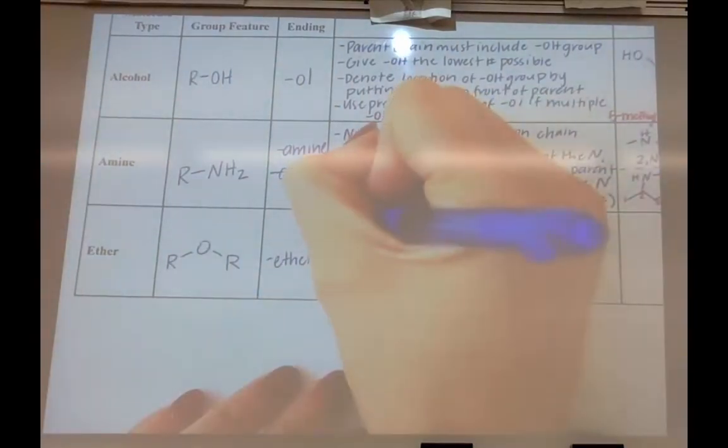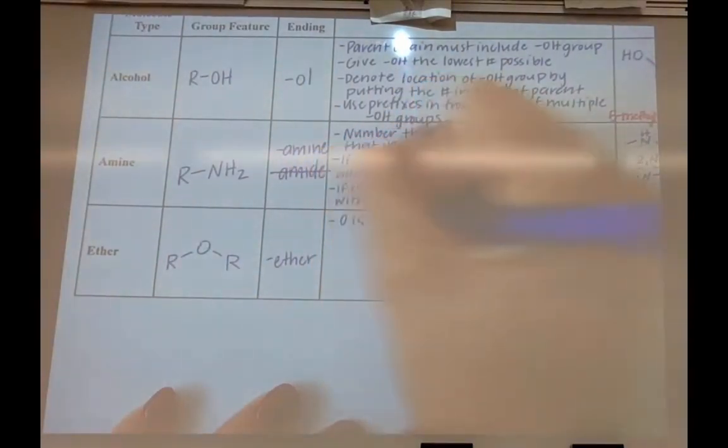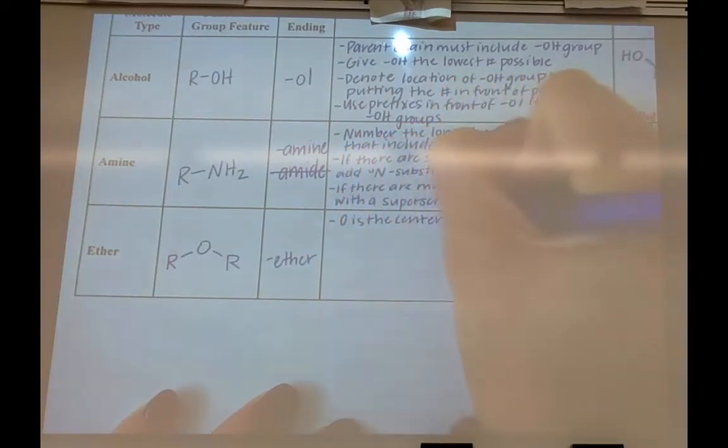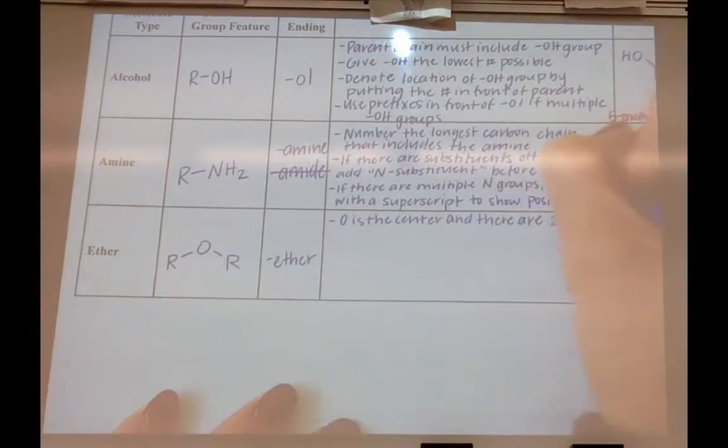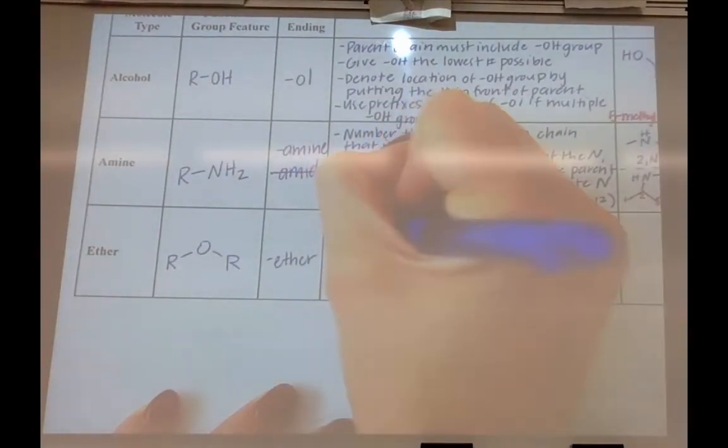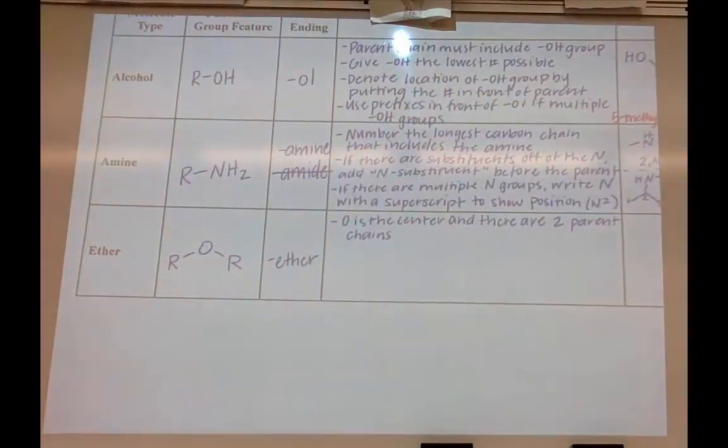So, with the naming rules here, oxygen is the center. And there are 2 parent chains. So oxygen is right in the middle, and there are going to be 2 parent chains.